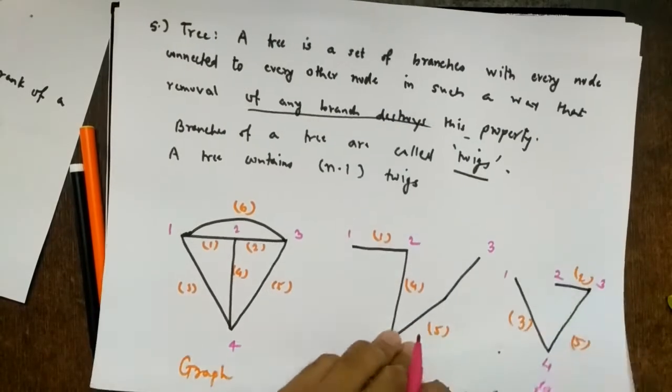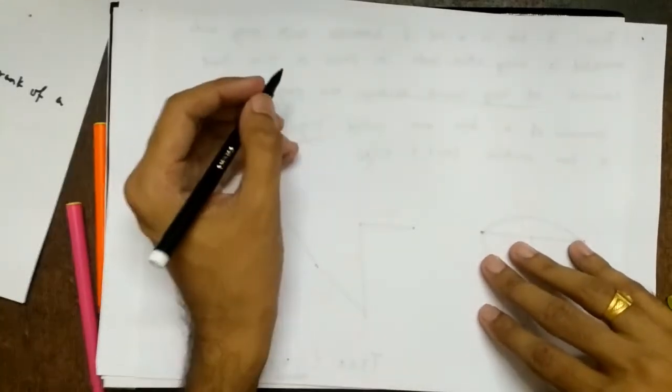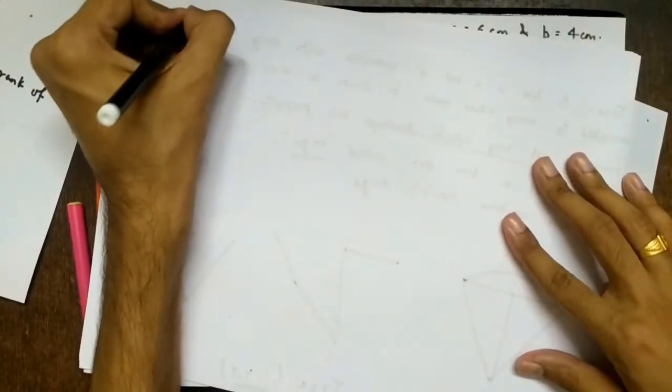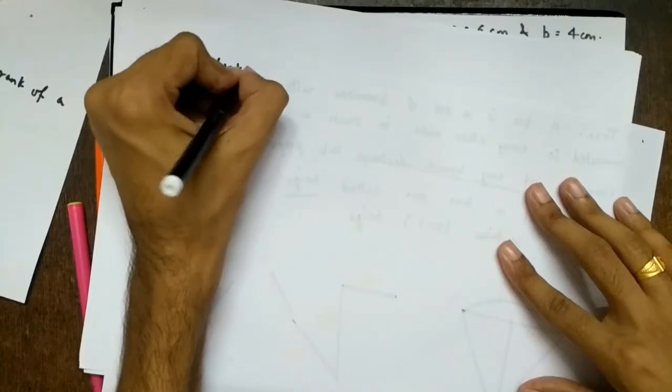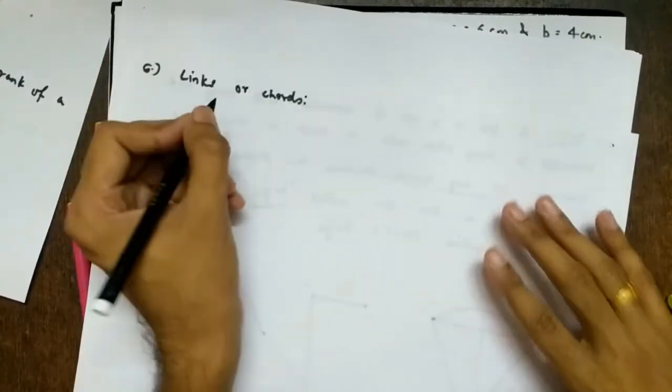So then we have, what was this number? 5. So next we have links or chords. So what are they?